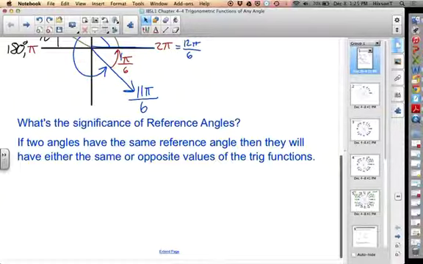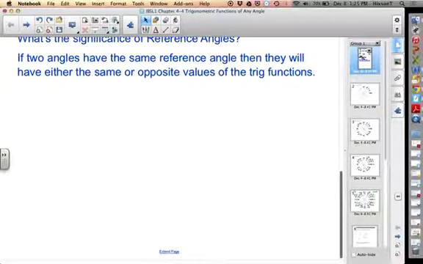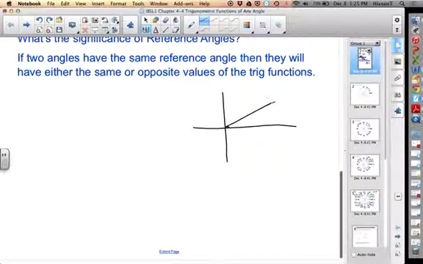It's 30 degrees short of 180, right? So if this is 30, then over here, this angle is 150. It'll still be 1/2, right?